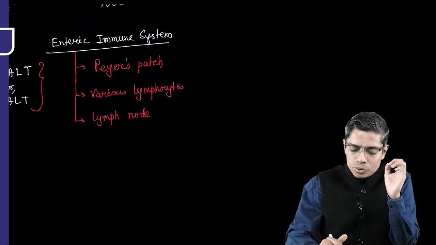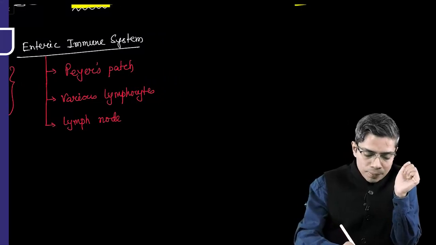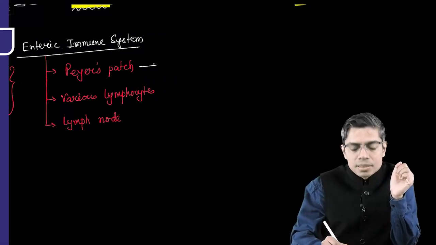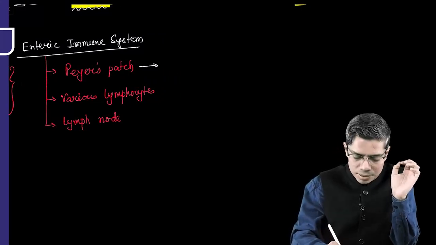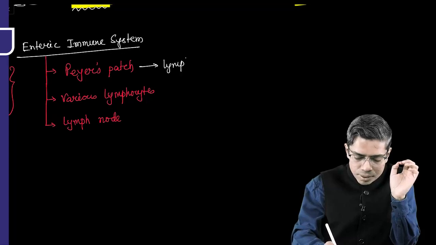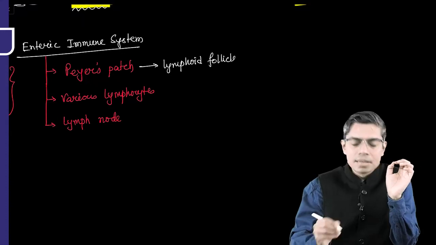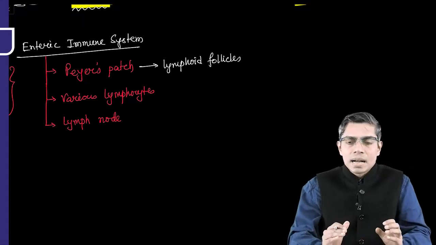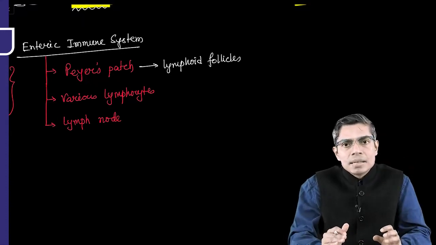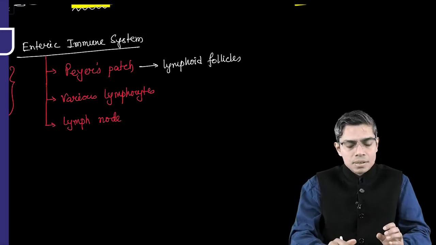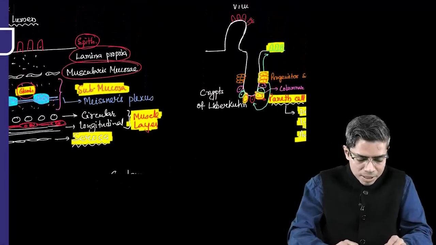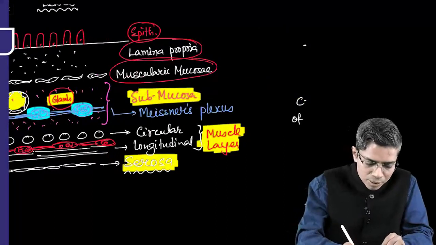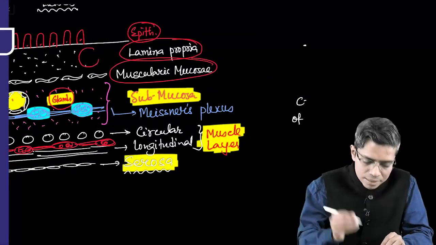So this enteric immune system has three major components. Peyer's patch. So what is Peyer's patch? All of you know that this is nothing but lymphoid follicles, located at the lamina propria layer. I'm just saying that at the level of this lamina propria, you are going to find certain follicles.